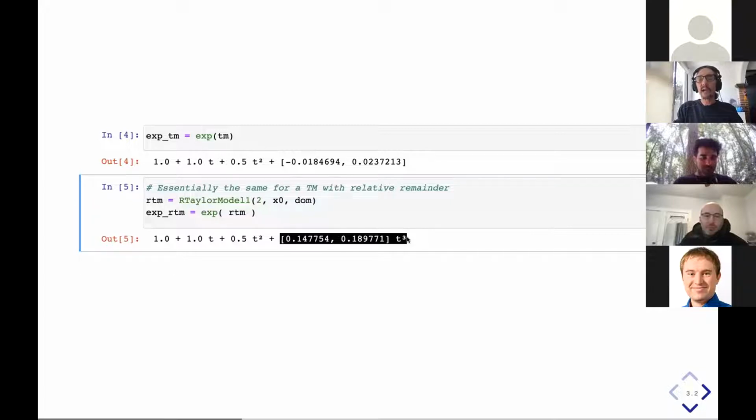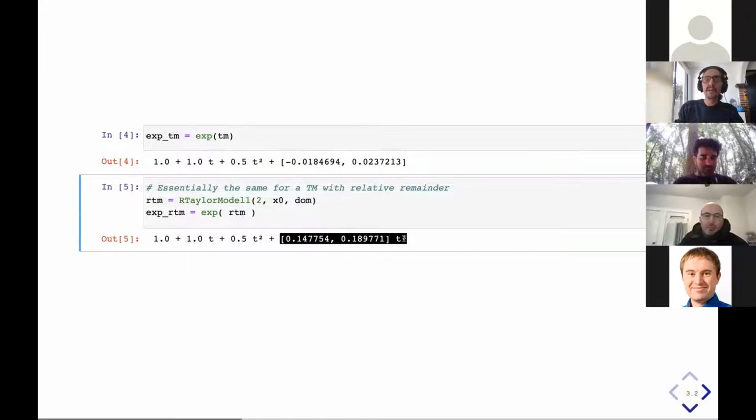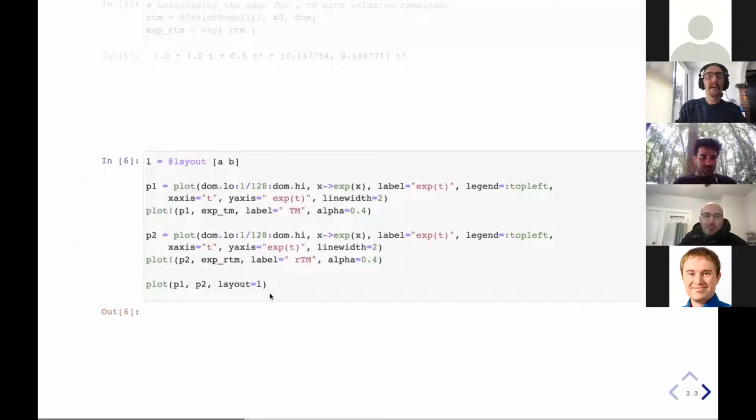The only thing I want to emphasize here is that the remainder here is of order 0 in the Taylor polynomial, whereas here it is the next order in the Taylor expansion. So in a sense, the relative remainder in this case is a third order expansion, whereas in this case I had a 2-order expansion for the absolute remainder case.